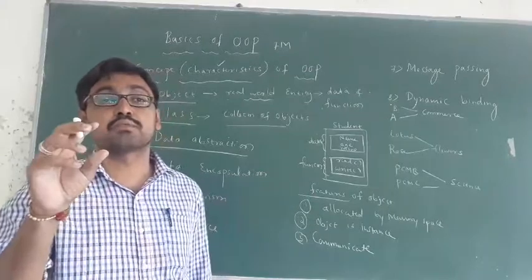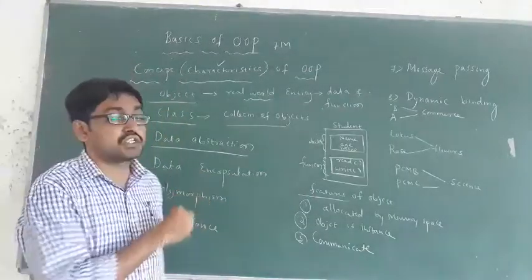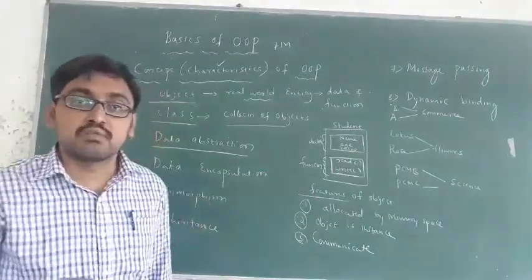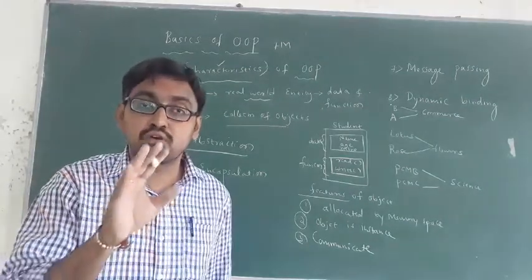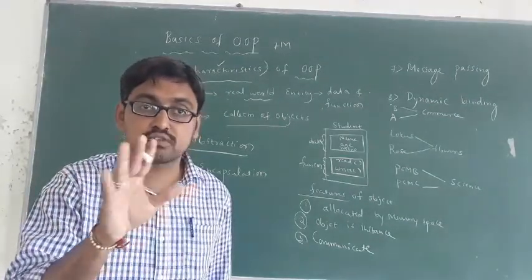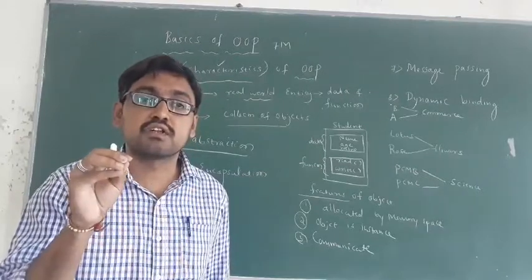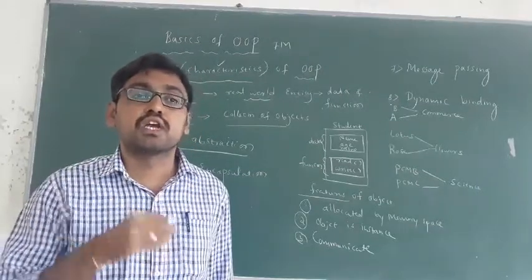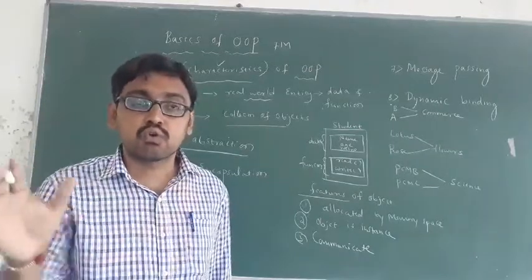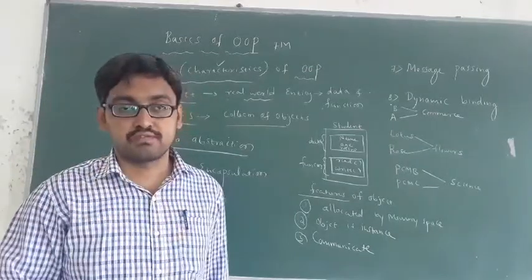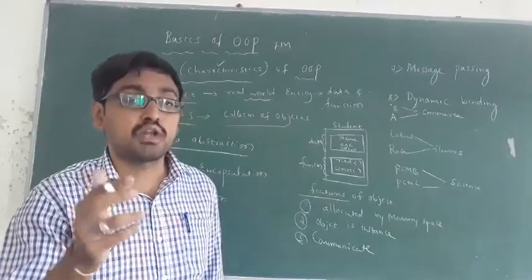That concept is called data abstraction. Data abstraction is a process of representing the essential features without including background details. I know about the essential features of that software, but I don't know the background details or how it was developed.